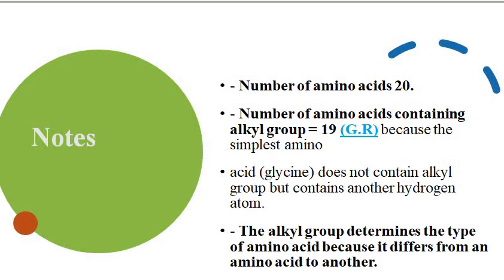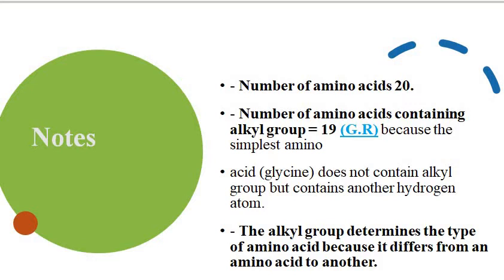The number of amino acids inside the human body is 11, but we need 9 from the food. The total number of amino acids overall is 20, but inside our body 11, and we need 9 from external food.